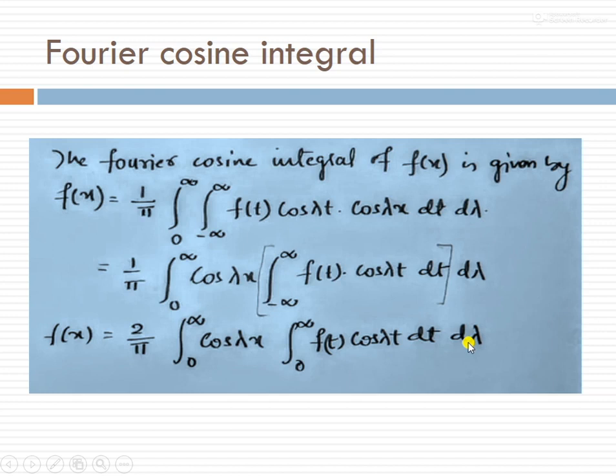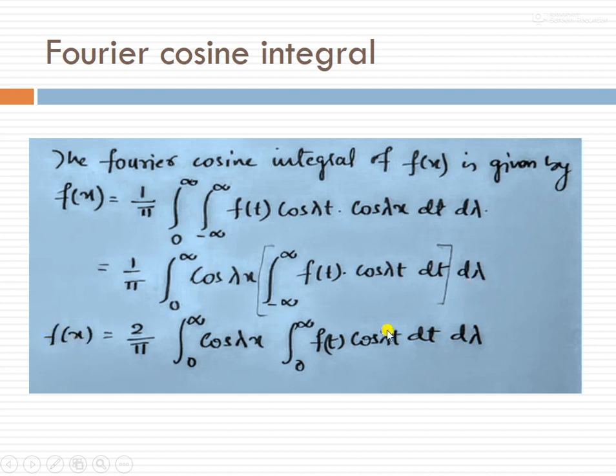Now the Fourier cosine integral of f(x) is given by f(x) = 1/π ∫ from 0 to infinity ∫ from -infinity to +infinity of f(t) cos λt cos λx dt dλ. By taking cos λx outside, that is 1/π ∫ from 0 to infinity cos λx ∫ from -infinity to +infinity of f(t) cos λt dt dλ.